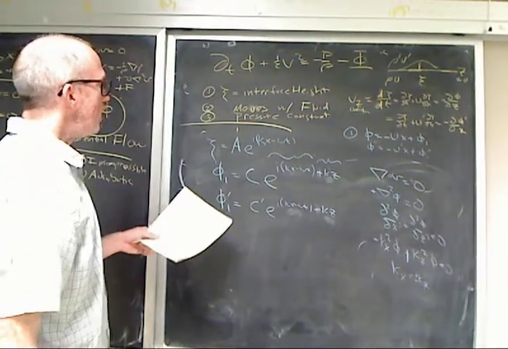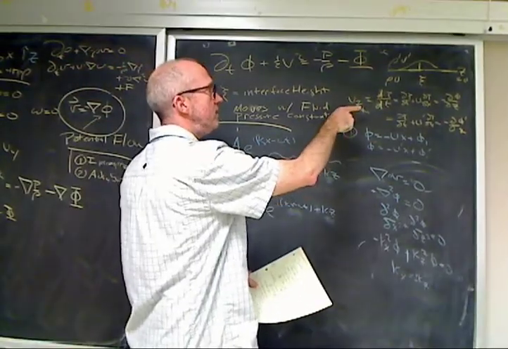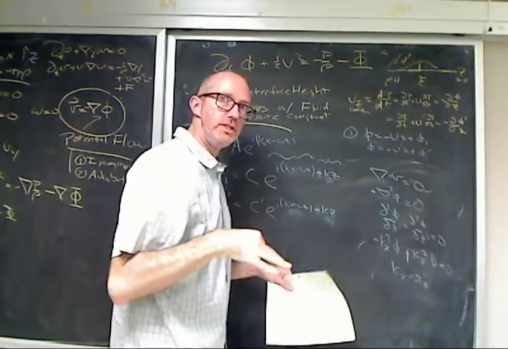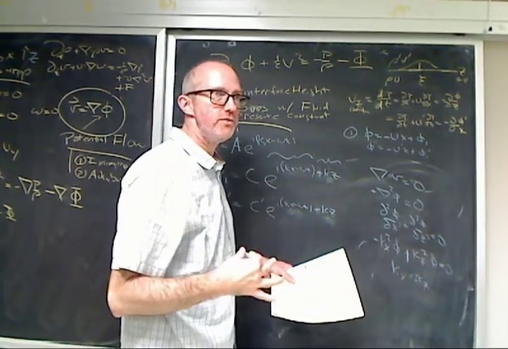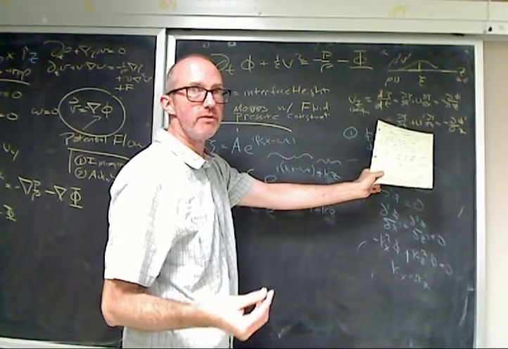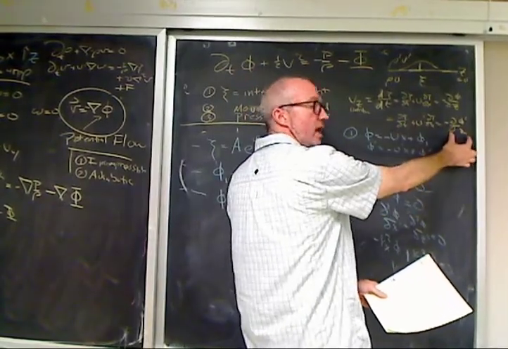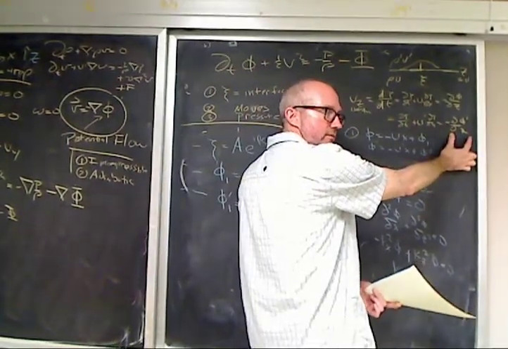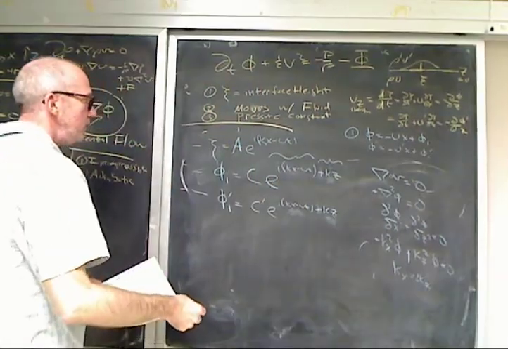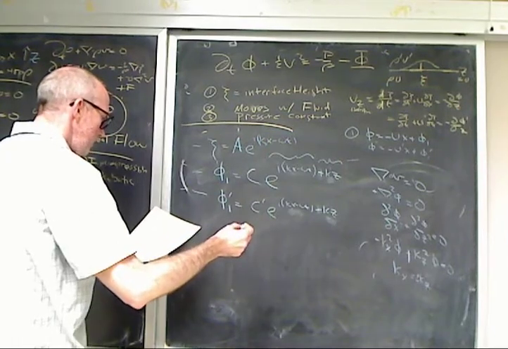Okay, now I'm going to drop these into here. What these equations say is that the interface moves. The interface is moving with some velocity that the fluid is giving it. So all this says is that the interface is moving with the fluid. We drop these into that equation and we're left with some nice simple math.